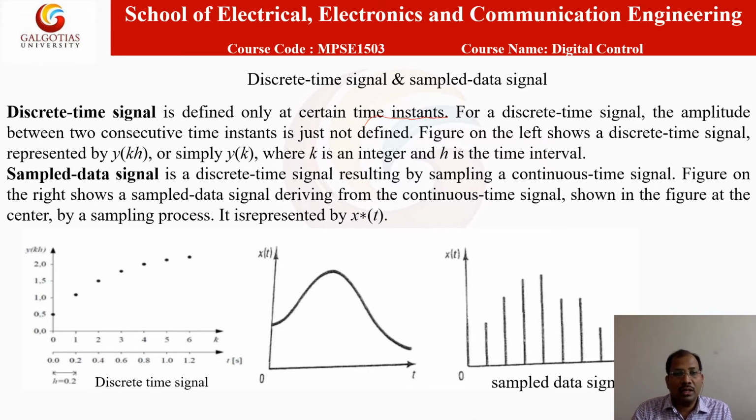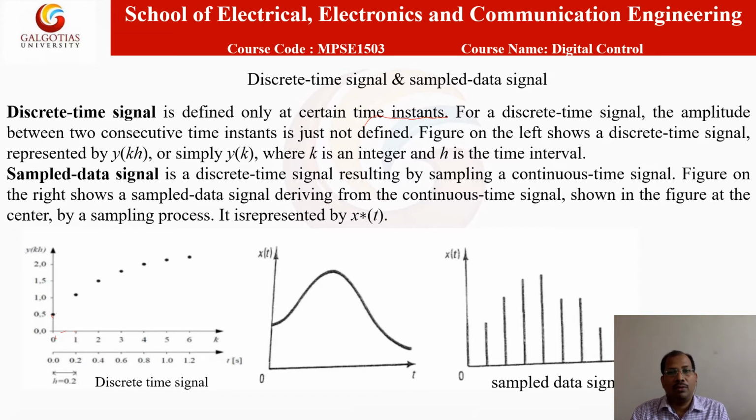You can see this is the discrete time signal. At time 0 we get this value, and at 1 we get this value. In between 0 and 1 or 1 and 2 we get the 0 value. So for a discrete time signal, the amplitude between two consecutive time instants is just not defined.